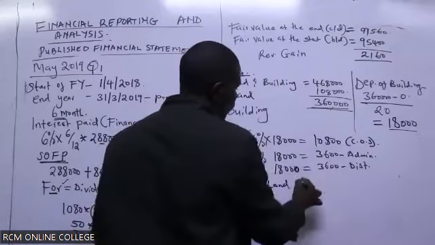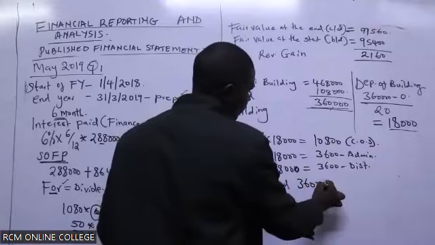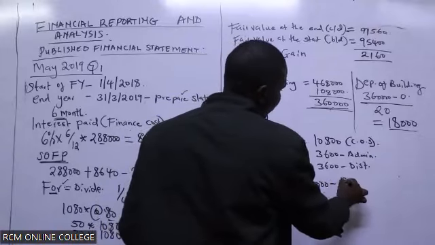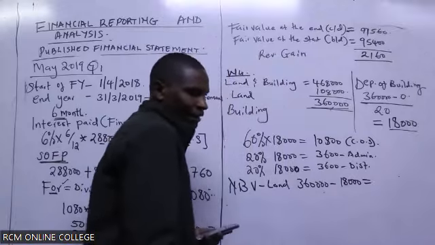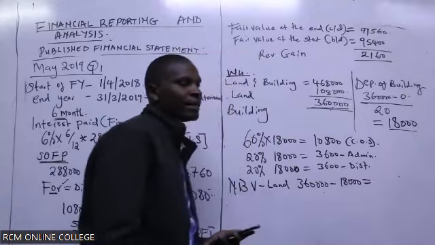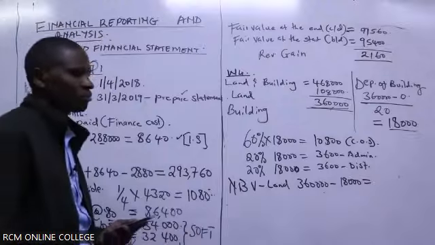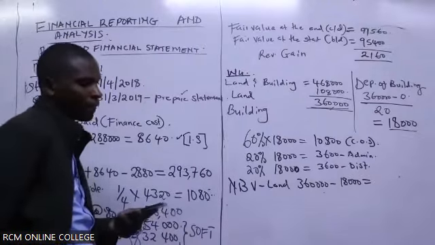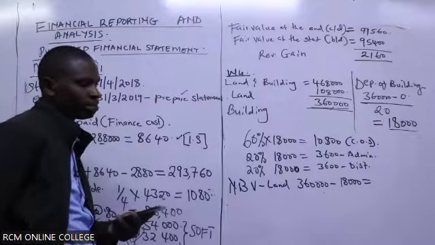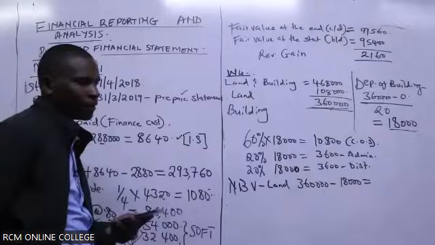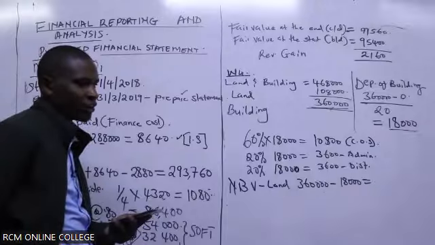Itakuwa its value, which is 360,000 minus depreciation of 18,000, and that will be the net book value of our building. Ni ngapi? Net book value.